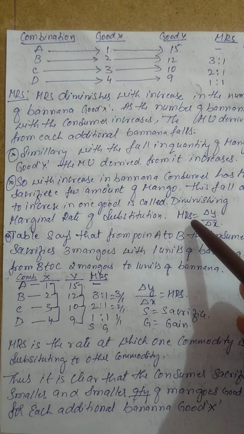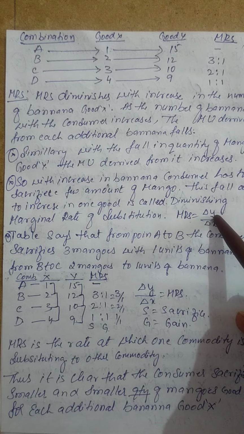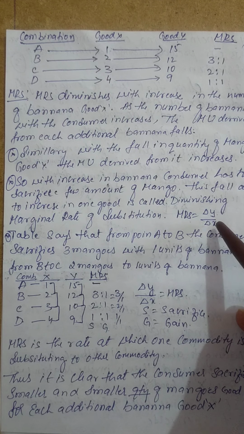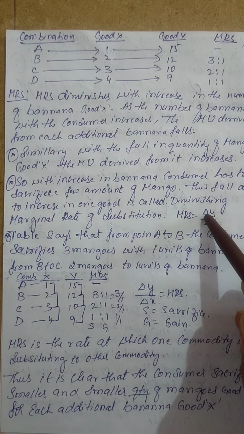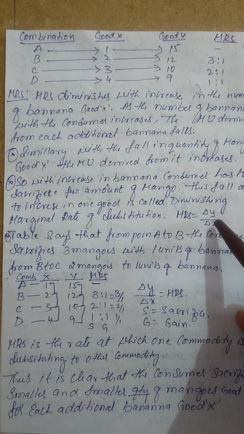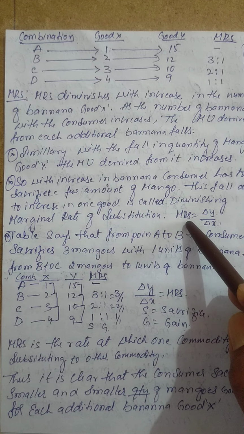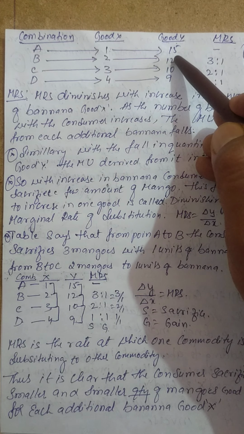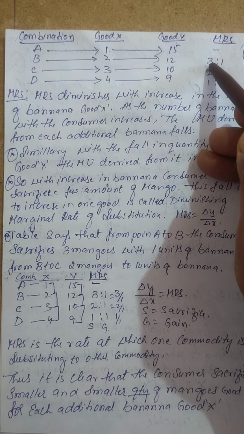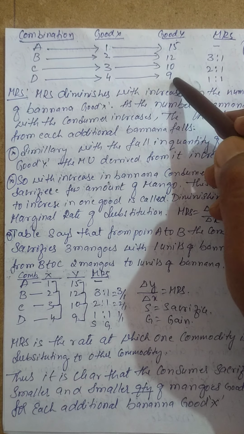See, we have measured the MRS here, which is nothing but delta Y divided by delta X. Delta is what? A small change in Y good, and a small change in X good. Whatever small changes take place, that reflects as the MRS. Here everywhere a small change is taking place. 15 minus 12 is 3, again 12 minus 10 is 2, again 10 minus 9 is 1.